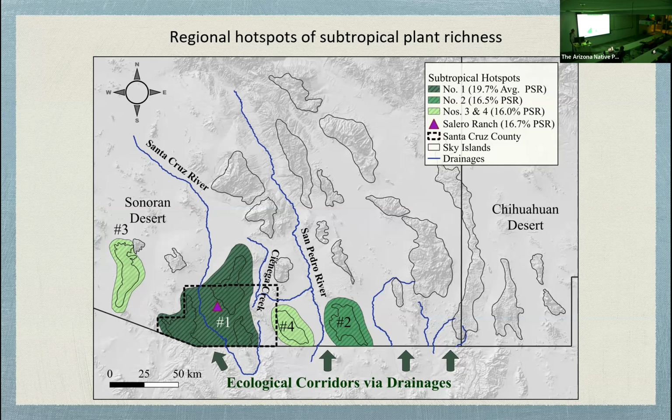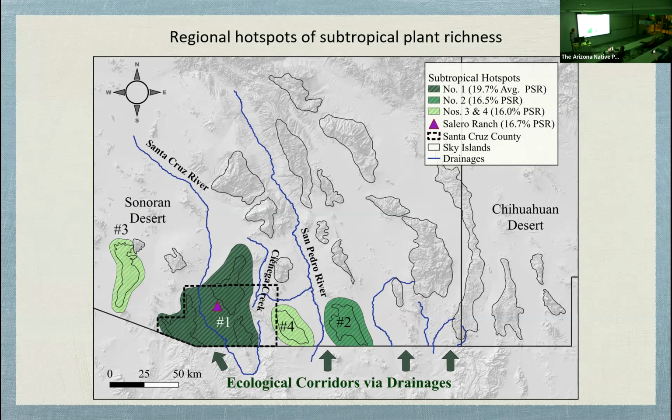And then I wanted to take a look at the average proportion of subtropical richness for each of the clusters, or each of the hotspots. You can see the one cluster hotspot had an average of 19.7 proportion of subtropical richness, extremely rich. What's interesting about this too is that even though the political boundary of Santa Cruz County arbitrarily cuts off the northern half of the Santa Ritas, all of the subtropical plants occurring in the Santa Ritas occur within Santa Cruz County.